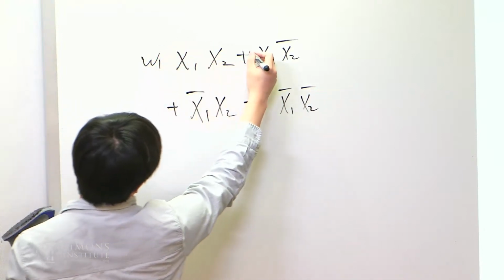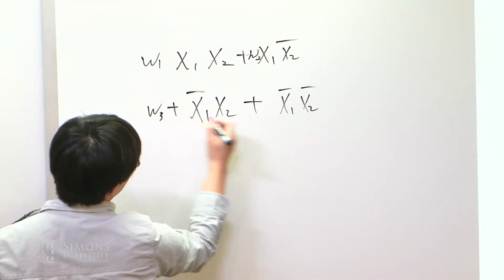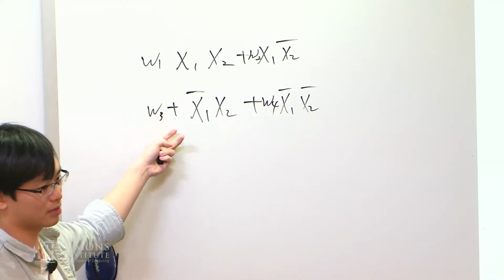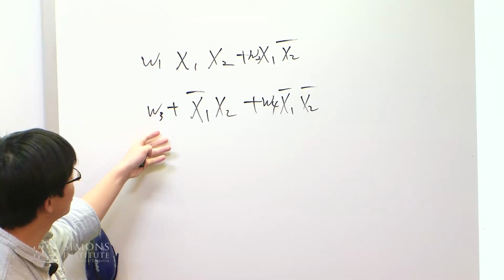We have some weights. So this is a distribution over 2 random variables, and this is its probability mass function.